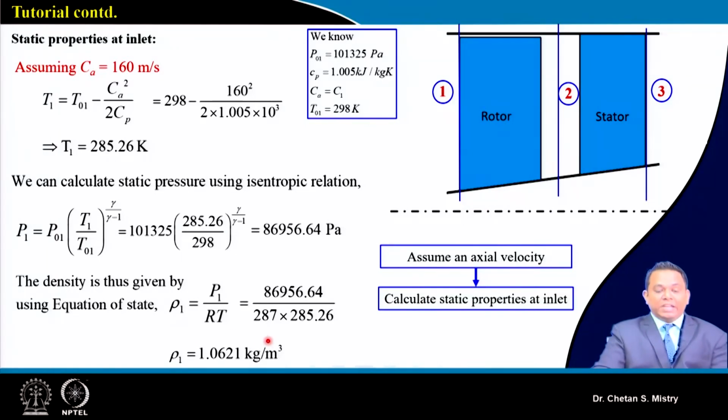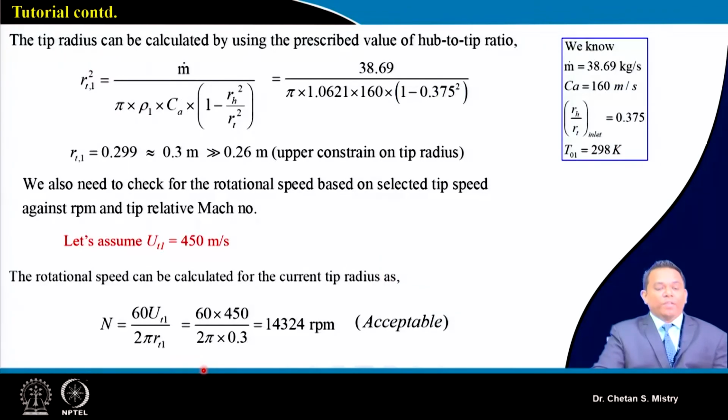So you can say this entry static density is known to us. Now, our radius at the tip, at the entry, is a function of mass flow rate, density and axial velocity. So we put in these numbers, with the density we have calculated as 1.0621.